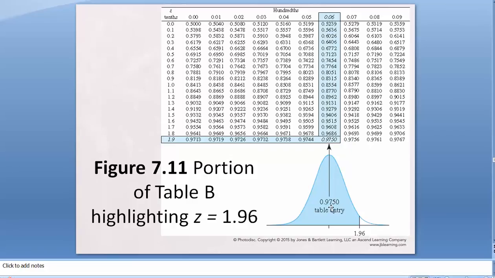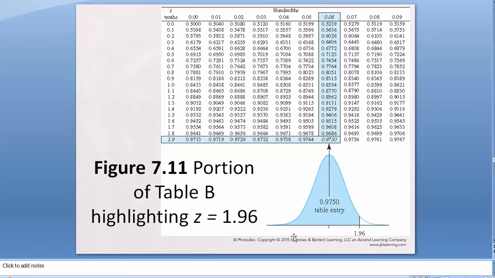Area under the curve is the same as the probability. So the probability that Z is less than or equal to 1.96 is 0.975, 97.5%. In other words, 97.5% of the standard normal random variables will be less than 1.96.